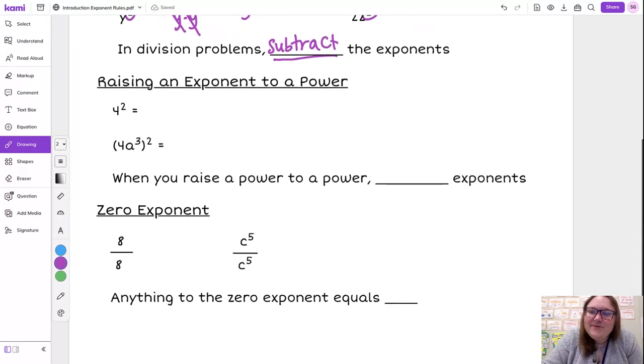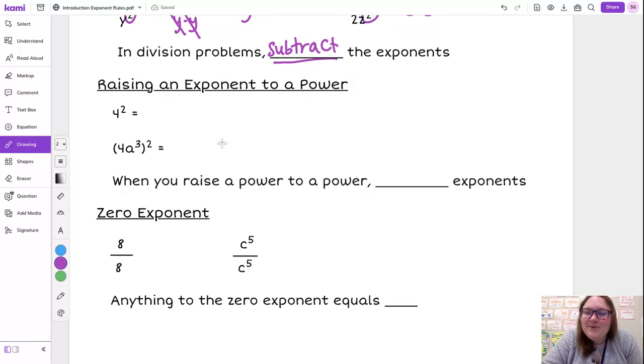Our third exponent rule is when you're raising an exponent to a power. So an example of what I mean by that is this problem here, where you have something with an exponent raised to another exponent. To help explain what we need to do here, I'm going to start with 4 squared. We have learned that 4 squared means 4 times 4, and so then, you could do the math.